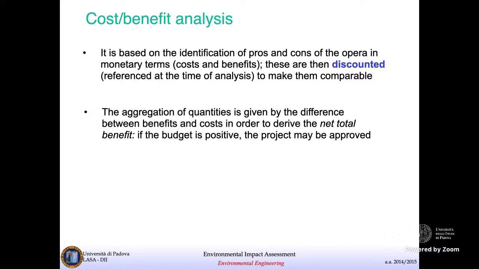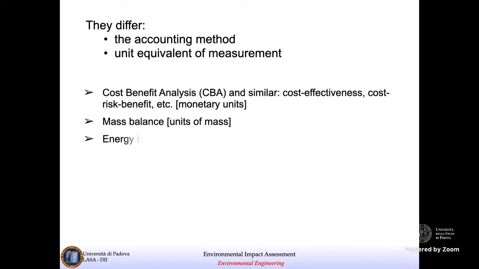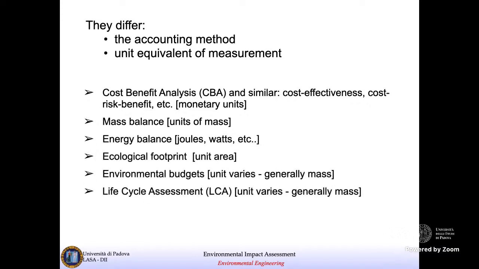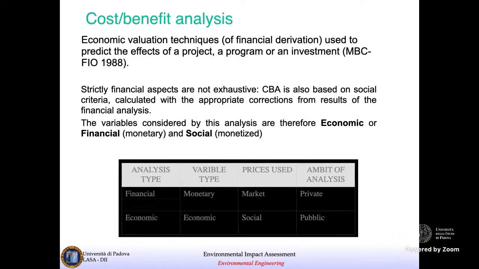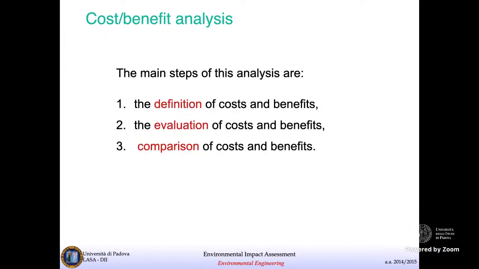So in this case, according to this subdivision, we are talking about economic analysis employing economic variables in ambits of public decision that are evaluated by using social prices. Net total benefit: total social benefit minus total social cost.